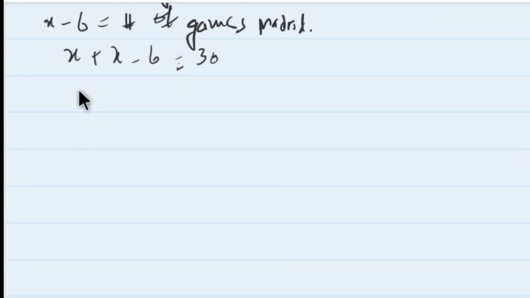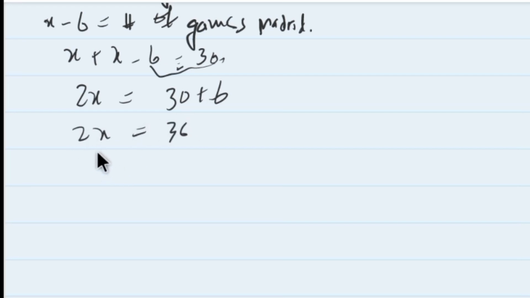So x plus x is 2x. We move 6 to the right hand side: 30 plus 6, so 2x is equal to 36. So x is equal to 18.